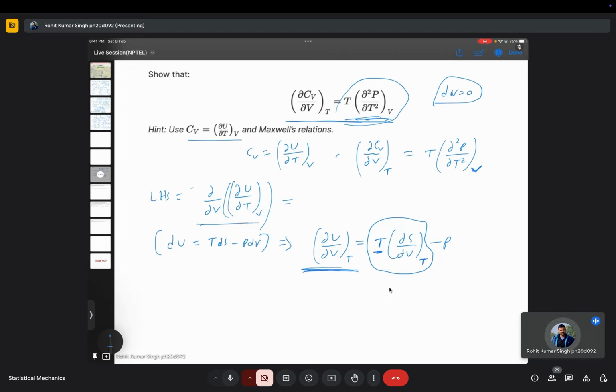We don't have del U by del V, we have del U by del T. But you notice that there is a second order derivative with respect to V. And there is a famous theorem that lets us exchange the derivatives here, so we can write this. Do you know the name of this theorem?